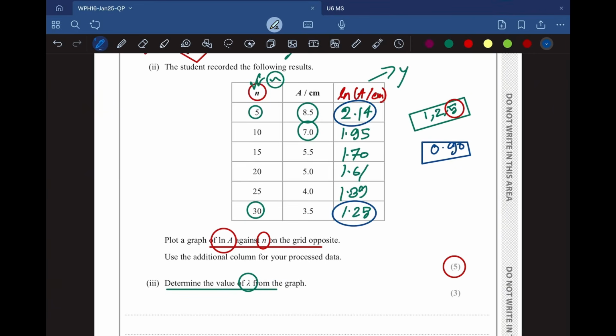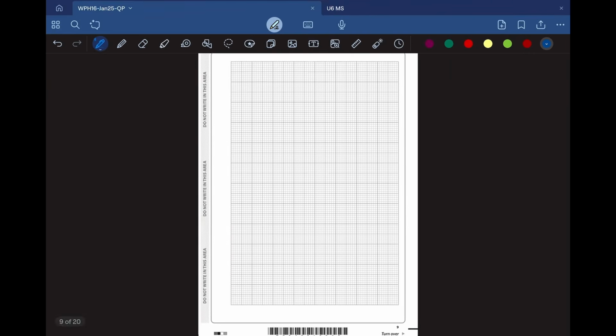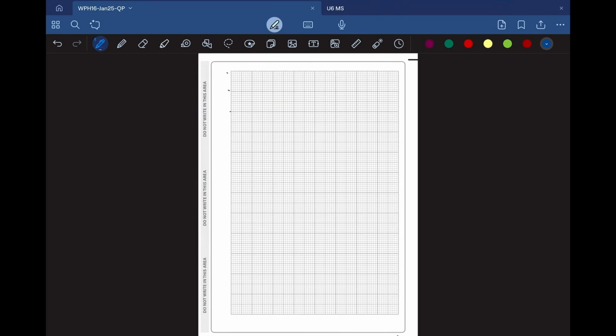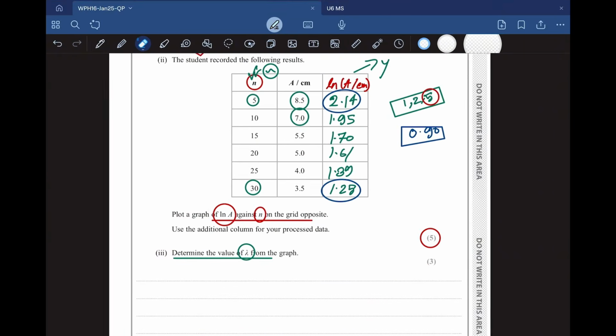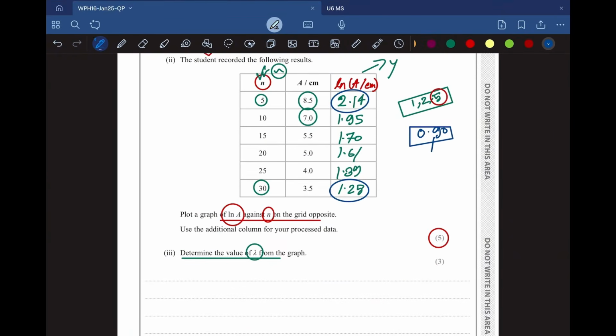It starts from 1.2 and ends at 2.14. And how many boxes are there in the y-axis? There are 1, 2, 3, 4, 5, 6, 7, 8, 9, 10, 11, 12, 13. As there are 13 boxes, we can take 0.1 changes in one box. We'll take 0.1 increments in every box.